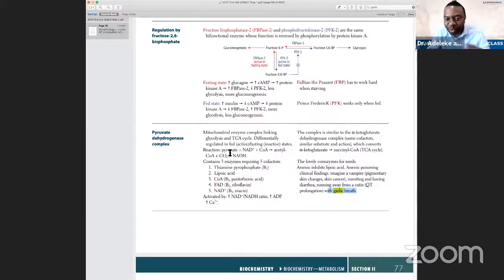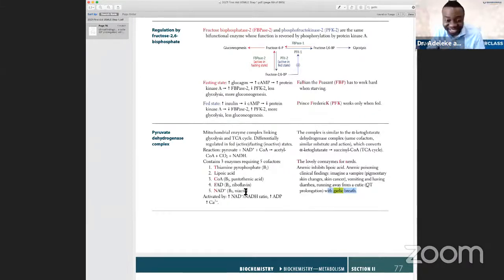And that enzyme is super critical, right? Because it requires 5 coenzymes. So now the question you ask yourself, do I know all 5 coenzymes that this complex requires? Thiamine, which is vitamin B1, lipoic acid, but then coenzyme A, vitamin B5, FAD, vitamin B2, NAD.